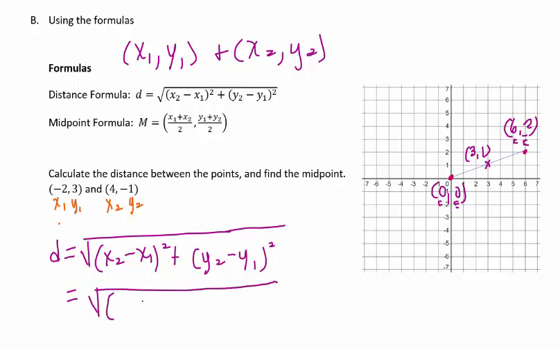So we get the square root of x2, which I said was 4, minus x1, which is negative 2, squared, plus y2, negative 1, minus y1, which is 3, and then square that, and then simplify.